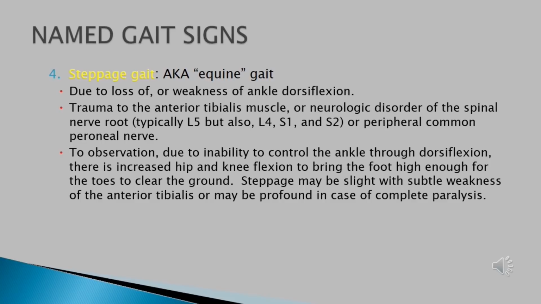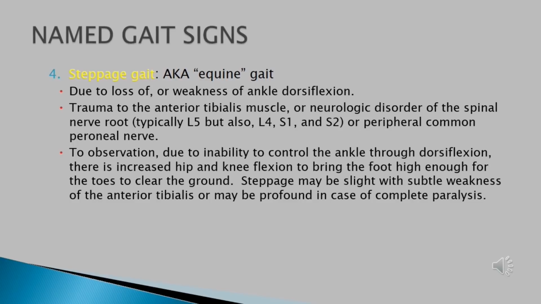And the common peroneal nerve is interesting because, like the ulnar nerve in the arm, the so-called funny bone nerve in the arm, the funny bone nerve is very superficial and easily struck by bumping your elbow on objects.